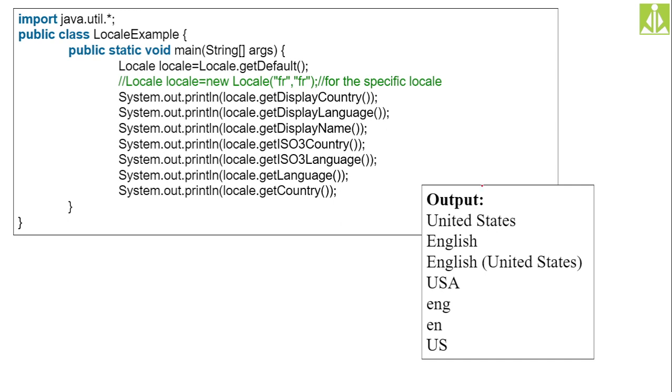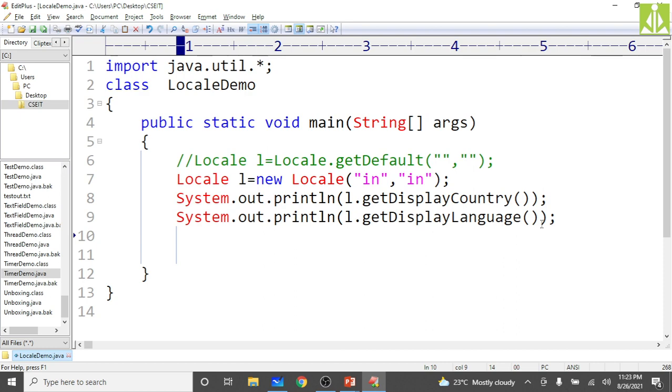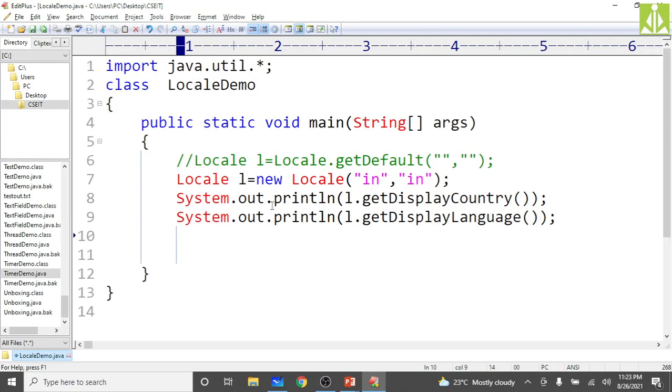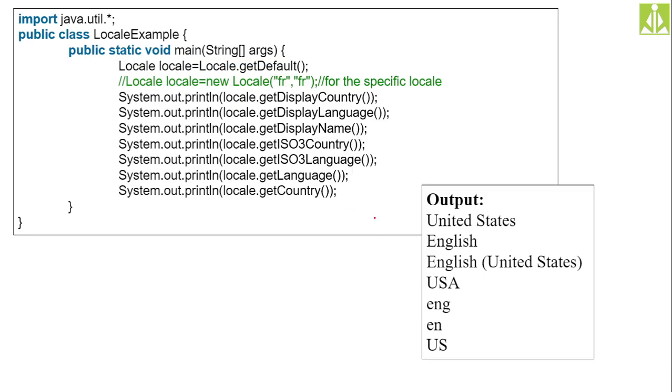You can go to the Locale class inside your Java packages, find it, and modify the content over there. Then getCountry name, getISO3Country: like that you can get the 3-character name for the country, and the 3-character language. Then getLanguage and getCountry are used to print only 2 characters.